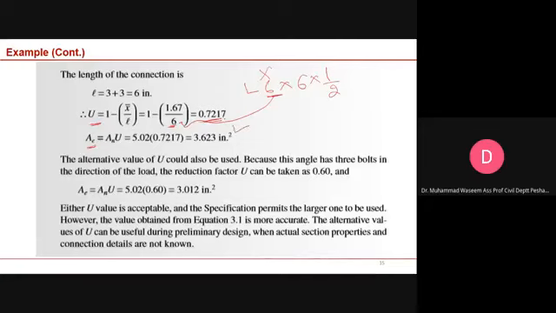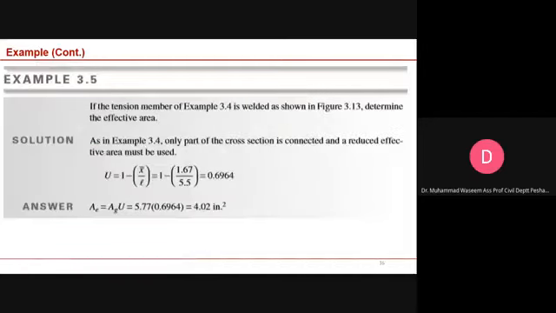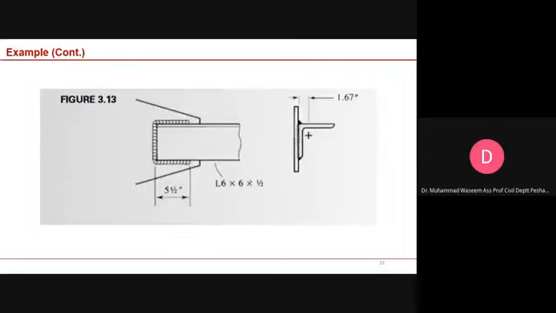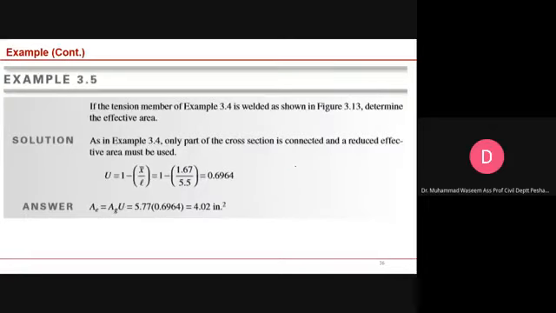Once you have calculated the effective area, you can go through this statement. This statement says that you can use the simple recommendation, but it is not that accurate, and in order to get a more accurate value of U, you have to use this equation. Similarly, you can calculate Ae, and then you can evaluate the capacity.